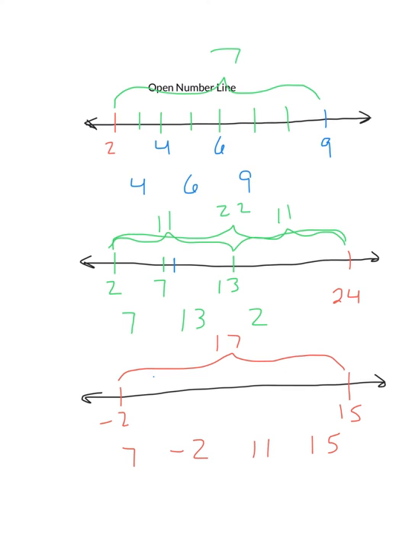That's a difference of 17. What's half of 17? Hopefully you're going to tell me 8.5. So we know that 8.5 away from -2 is 6.5. So if that's 6.5, well then where's 7 going to go? Isn't the 7 going to go roughly here?